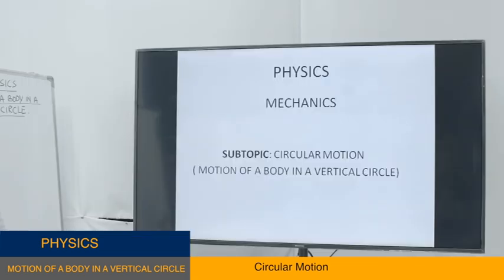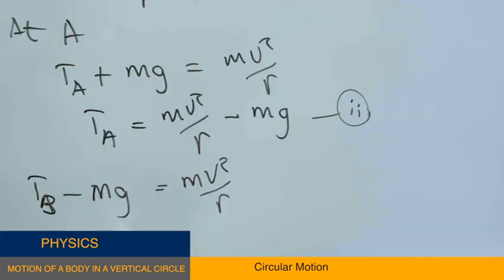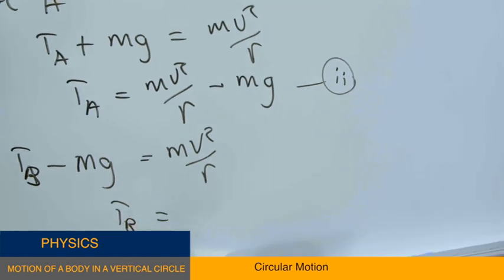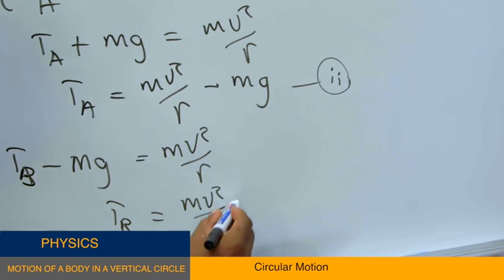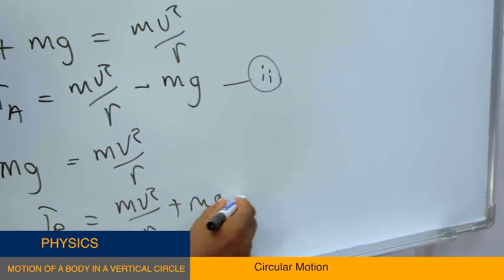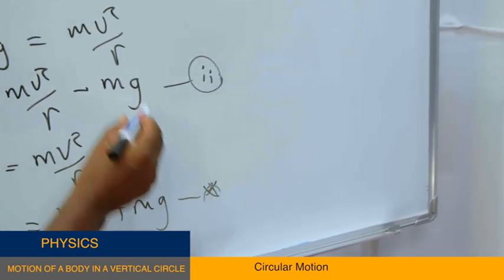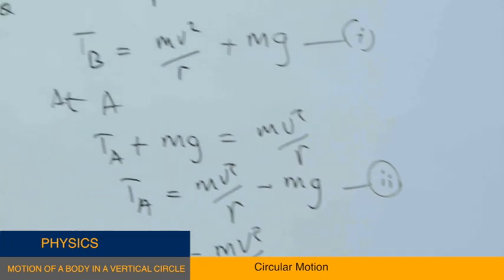This will give us the necessary centripetal force to make the body move in a circle. So we found that the tension at the bottom, at point B, is just equal to mv squared over r plus mg, which is the same as expression number 1 over there.